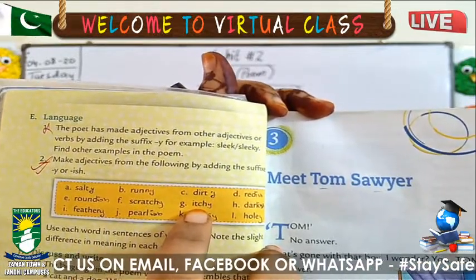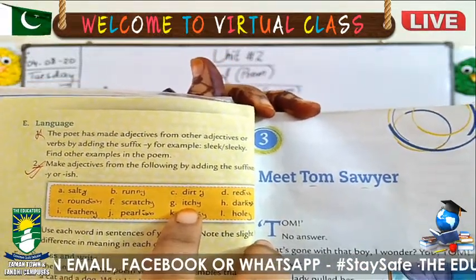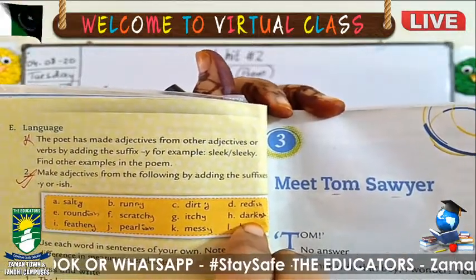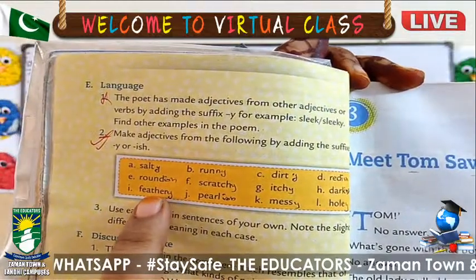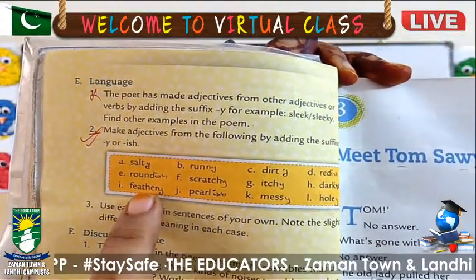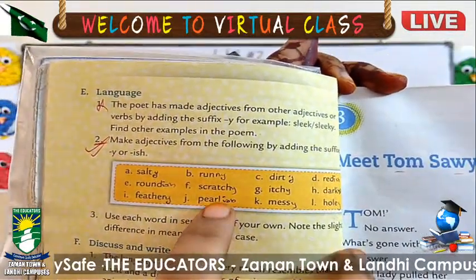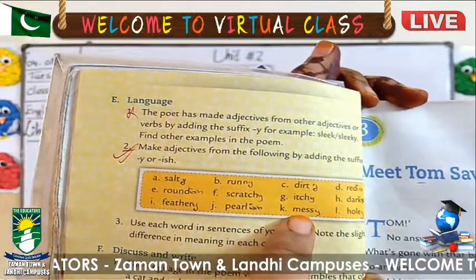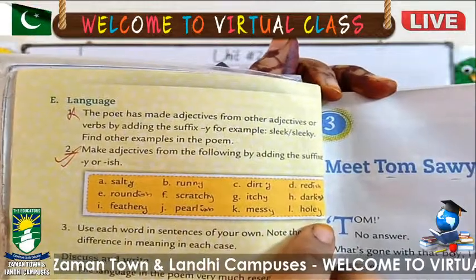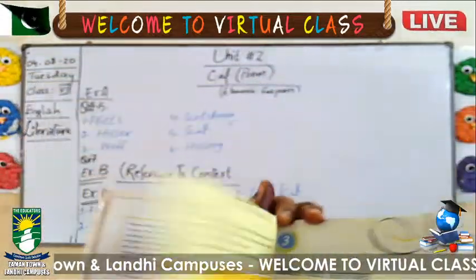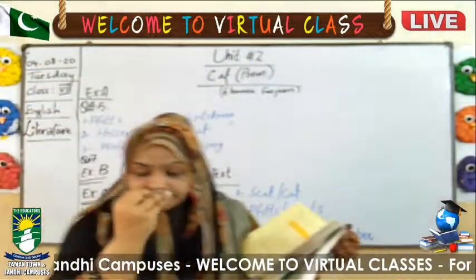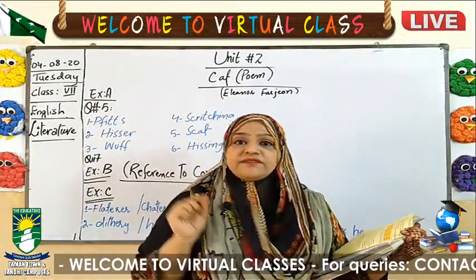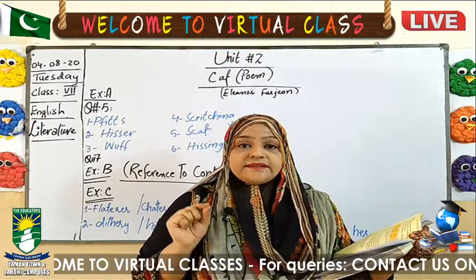Next is what? Itch. It will become itchy. Then we have dark. It will become darkish. Then we have feather. It will become feathery. Then pearl. Pearlish. Mess. Messy. Whole. Holy. So these are the adjectives you have to create by putting a suffix y or ish.